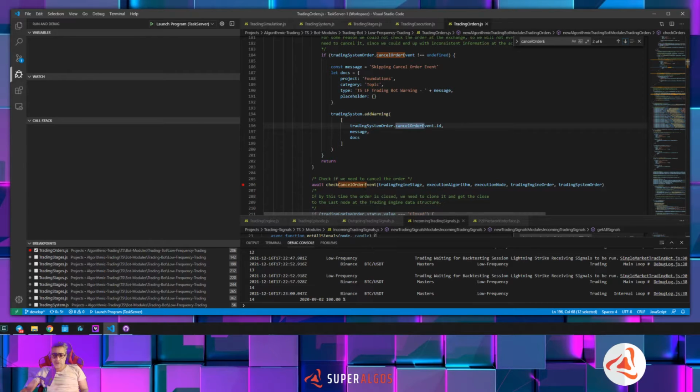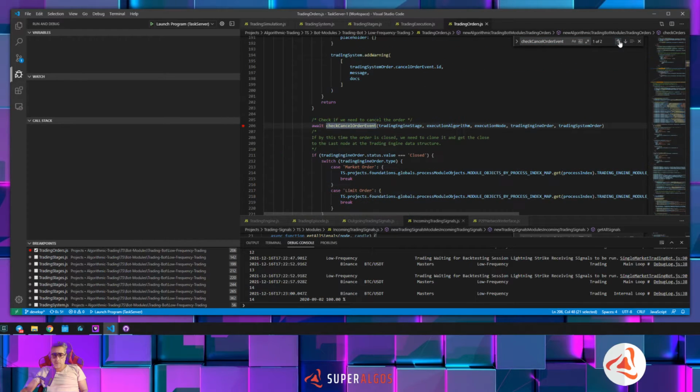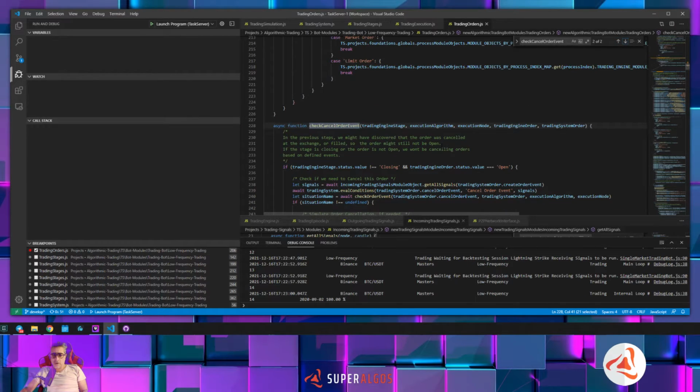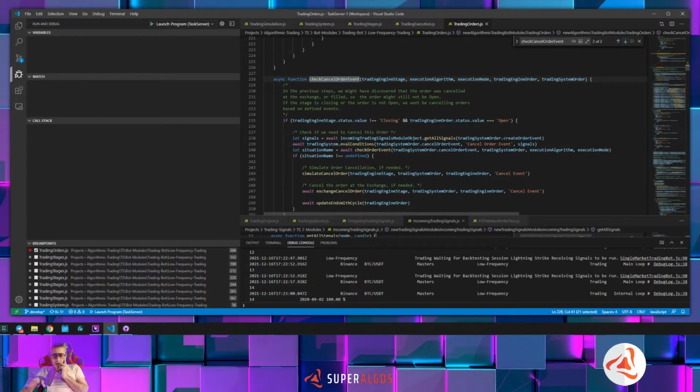Check order event. Okay. Check order event.